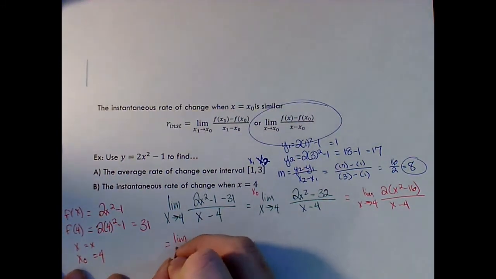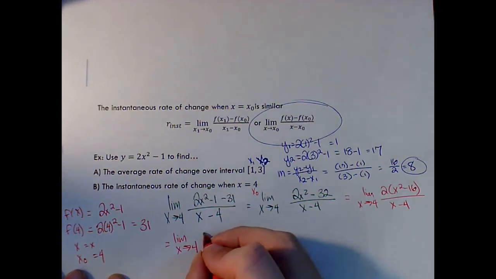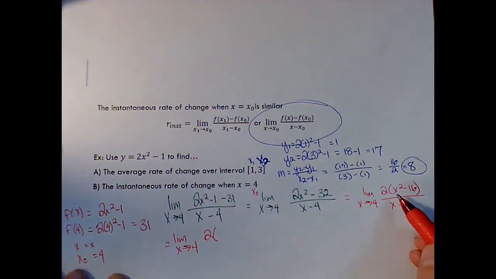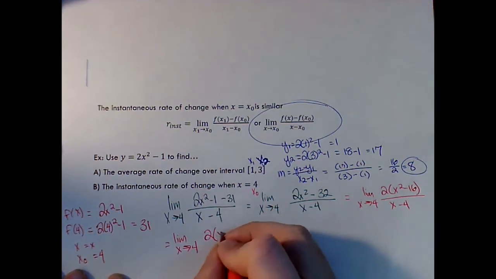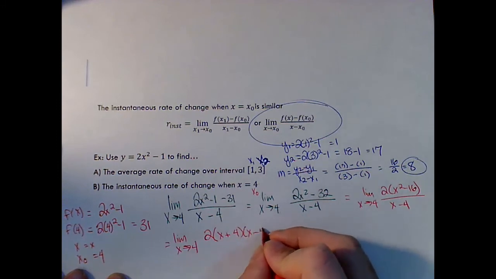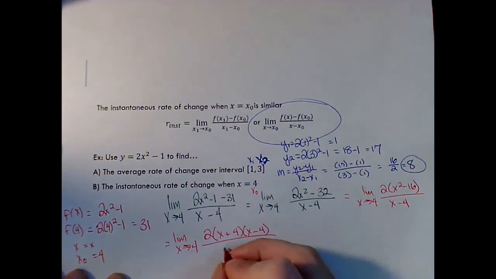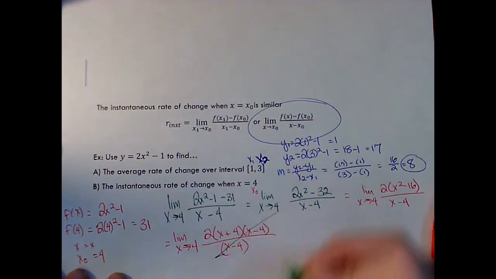The limit as x approaches 4 of 2 times, remember, difference of squares. A square minus a square means you get the square root of the first part plus the square root of the second part times the square root of the first part minus the square root of the second part, which is good news. Because a factor upstairs and a factor downstairs are the same thing.